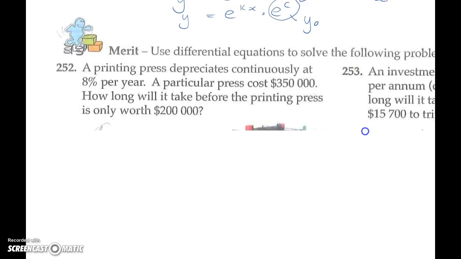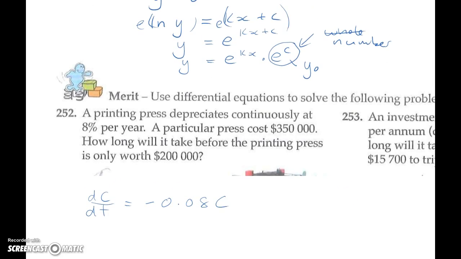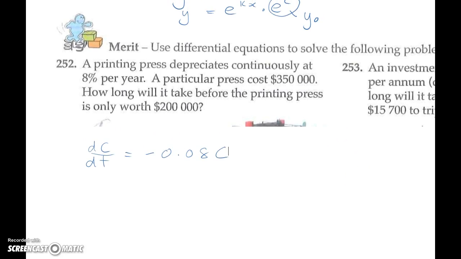Going over the problem that we did in class, you have a printing press that depreciates. So we are going to have the cost with respect to time, dC/dt, equal to negative 0.08C. It's the cost that's depreciating, which is why we have a C there. Now that looks very much like my equation over here, so I know I can just put it into that equation. Of course, you can take the integral of both sides and you will end up in the same place.